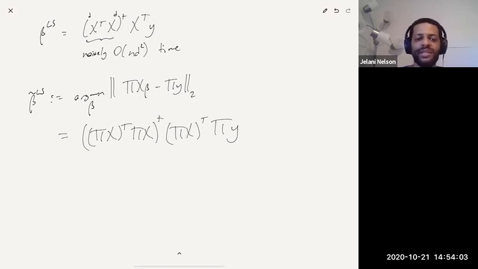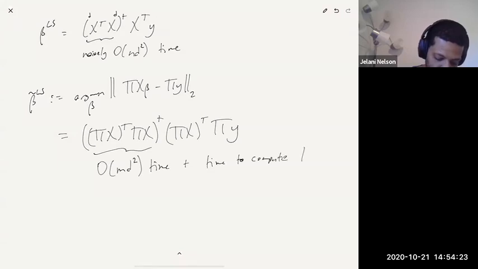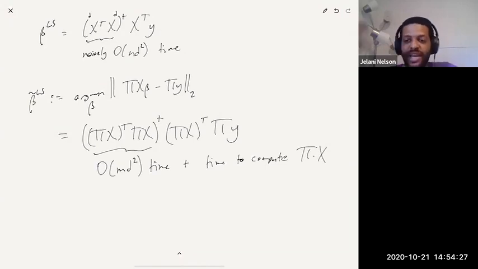And now what's the point? Now the point is, it's not an n by d matrix anymore. It's an m by d matrix. So this is O of md squared time plus the time to compute pi times X, because we have to actually sketch it down.